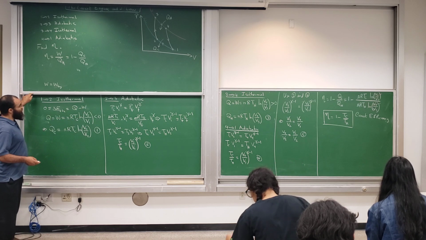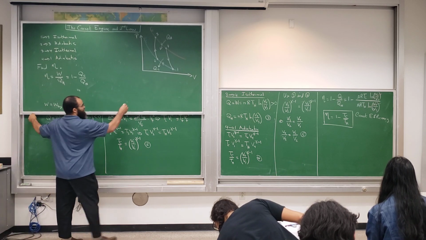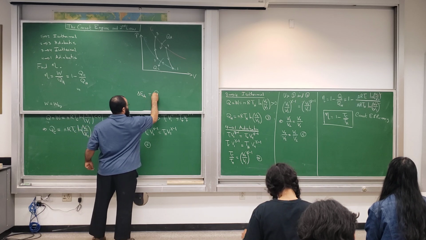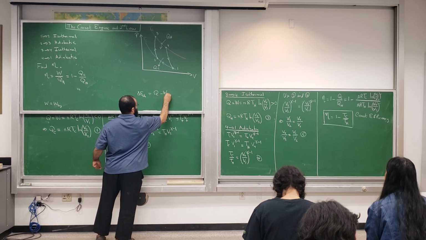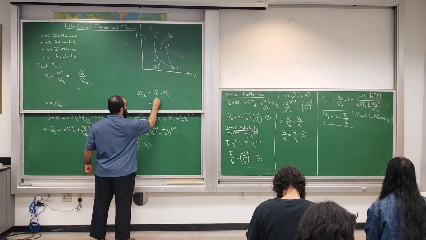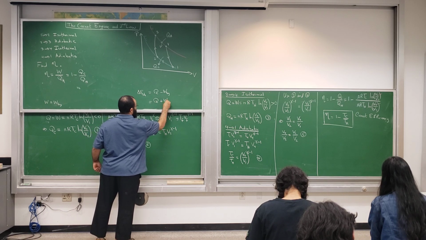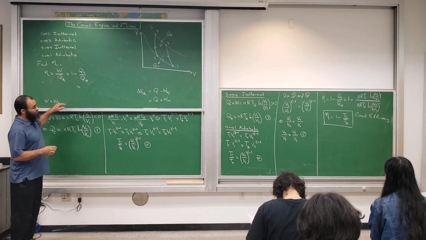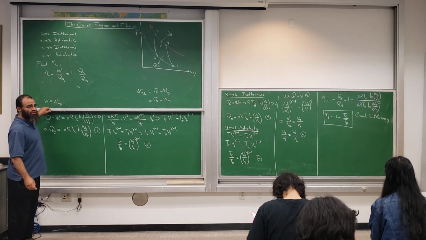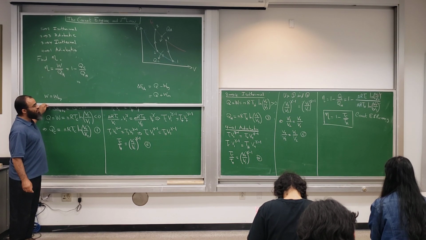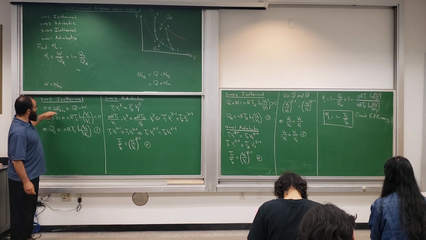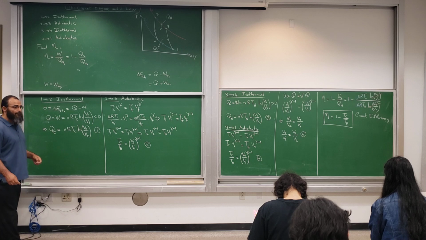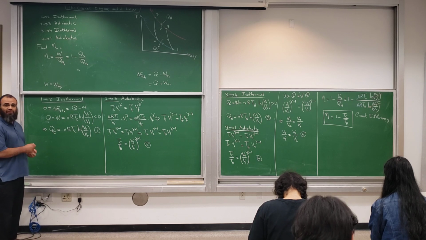So the first law is always this: change in thermal energy. You can write it as Q minus W. It can also be written as Q plus W. So if the work is by the system, the minus sign is always there. The work done by the system, in this case, turns out to be negative. Okay. All right. Anyone else?